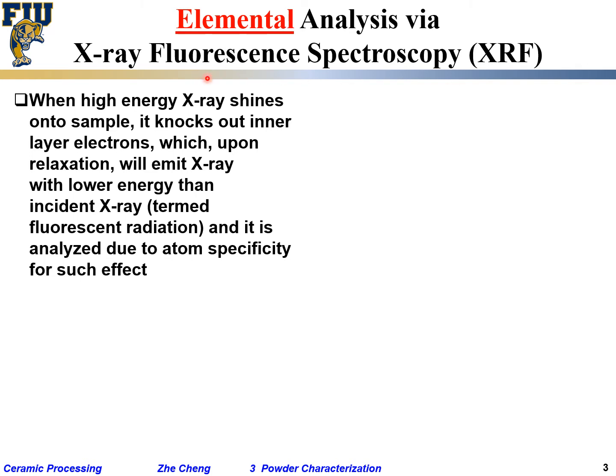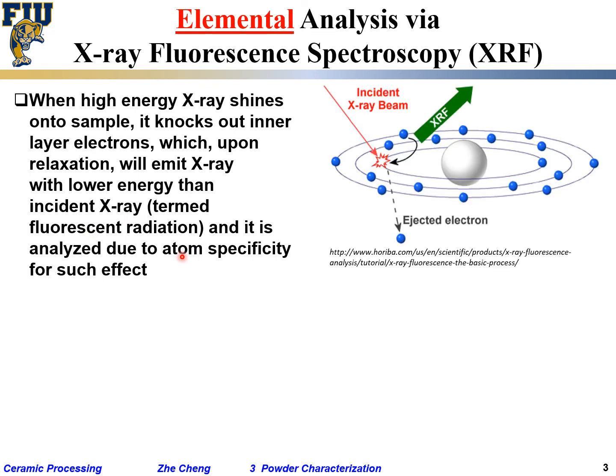We also have elemental analysis via XRF, X-ray fluorescence spectroscopy. When you shoot high energy X-ray onto the sample, it knocks out inner electrons. Upon relaxation, the outer shell electron goes back to the inner shell, and it emits X-ray with energy lower than your incoming X-ray, termed fluorescent X-ray, which is analyzed due to atomic specificity.